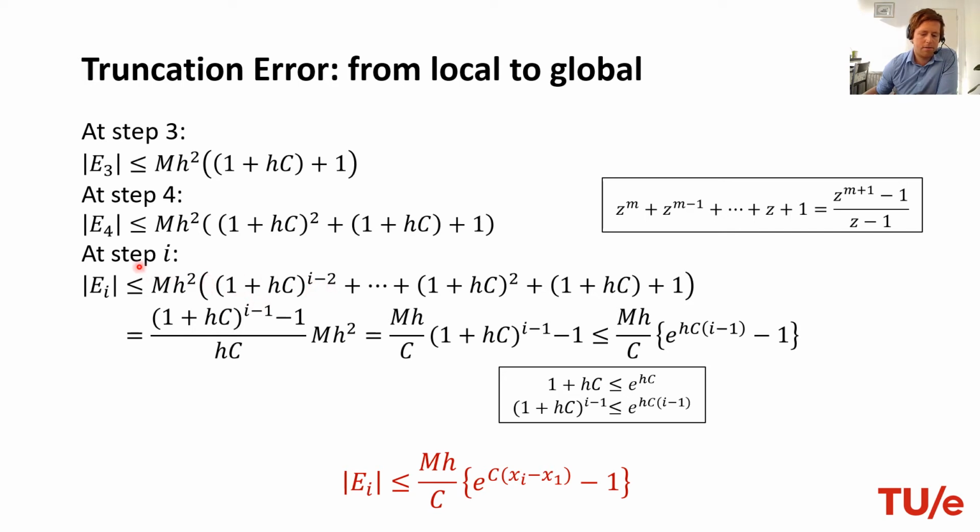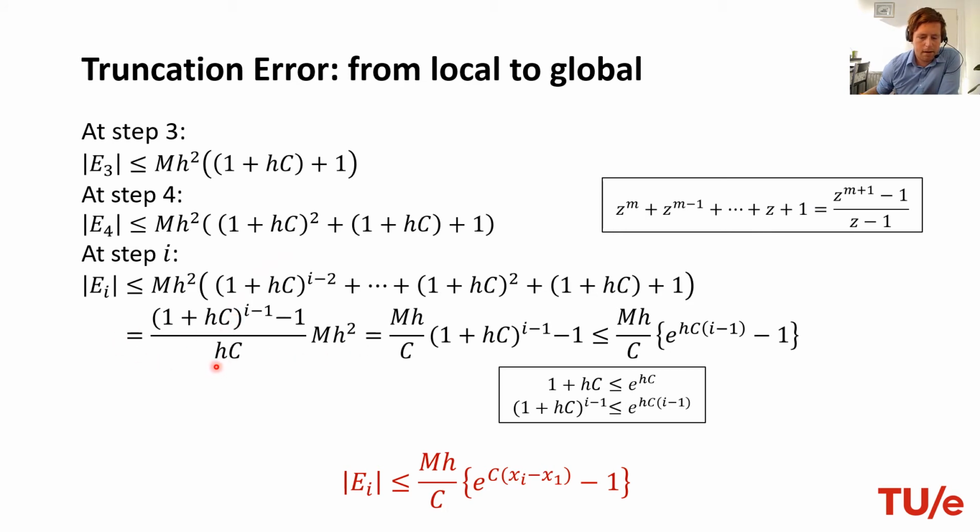And you can see that this is general by also looking at step 3 and step 4. And then we can use some mathematical relationship between sums of this form that we can write into a quotient like this. And then we see that we obtain something in the following form.